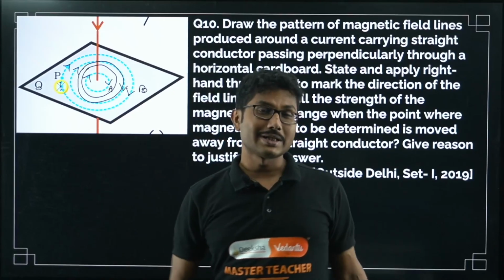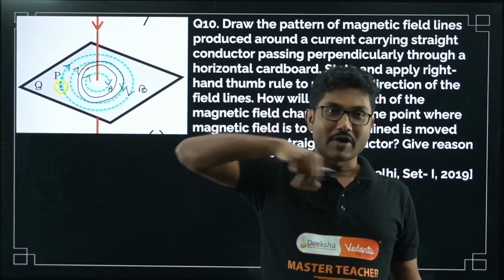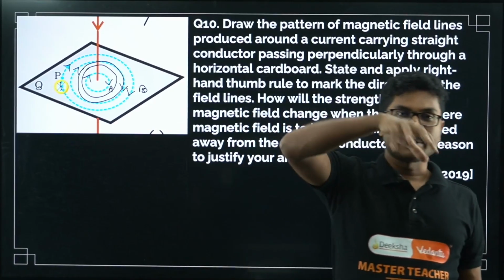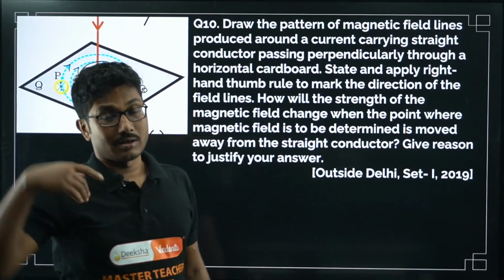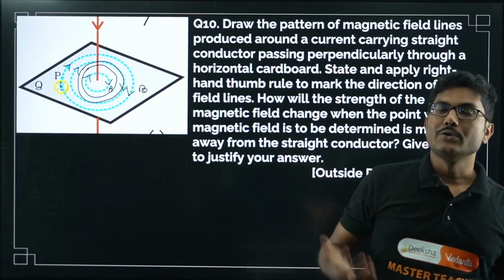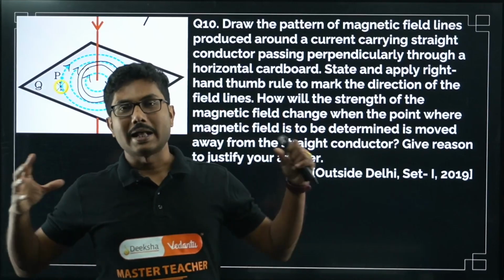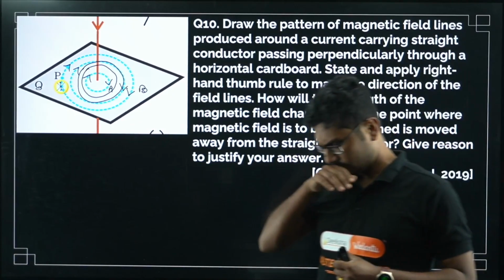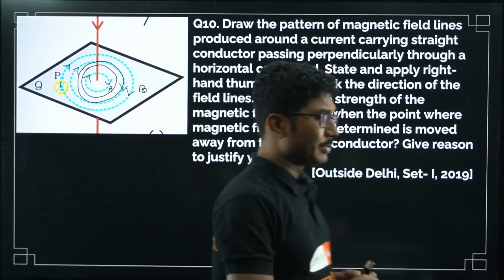If you remember, there is a cardboard, we put some iron filings and we start the current, we tap it, so there are some circles formed around the current carrying wire, and the circles are more concentrated near the wire than as you move away from the wire. So that is the first explanation, but that is not a complete explanation.